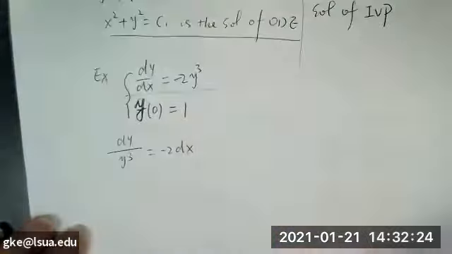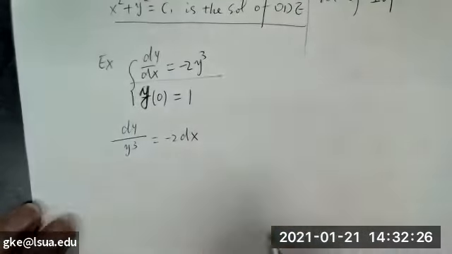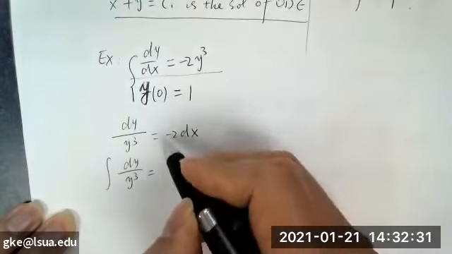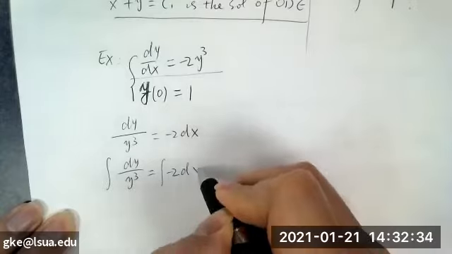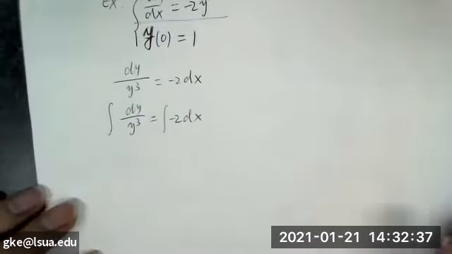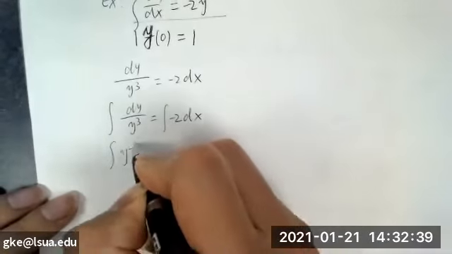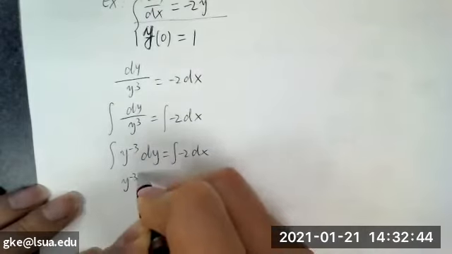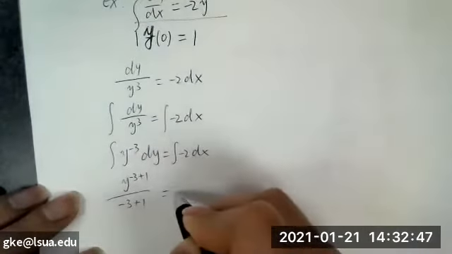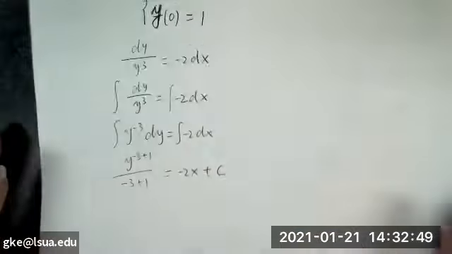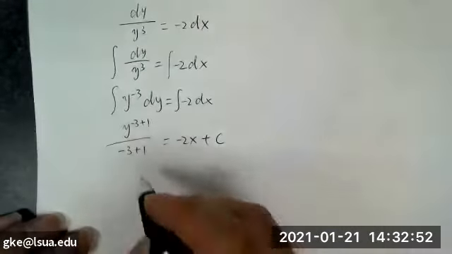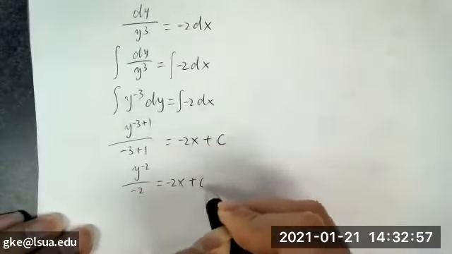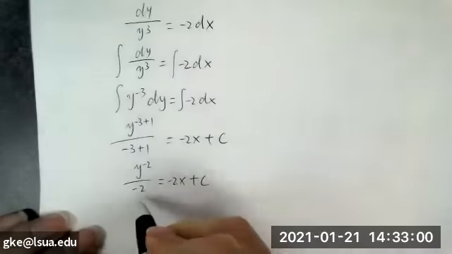We separate the variables, right? And then we do the integral. And again, we're gonna have what? Right? And then we're gonna get what?